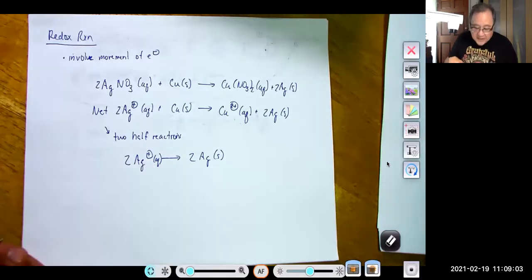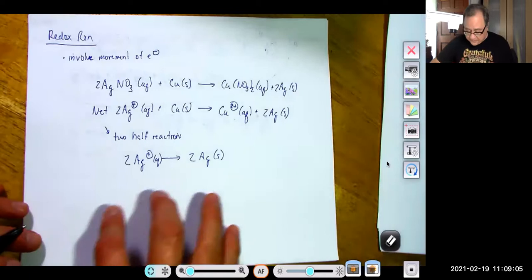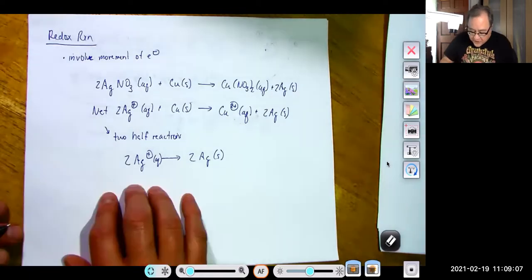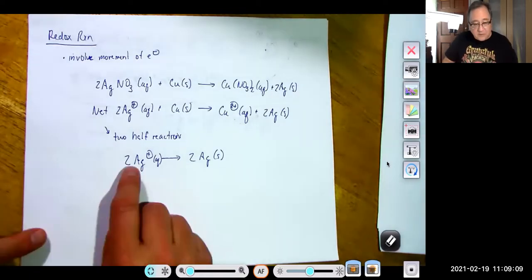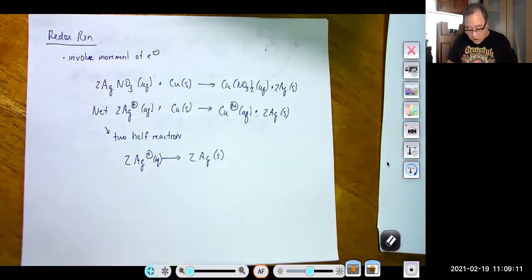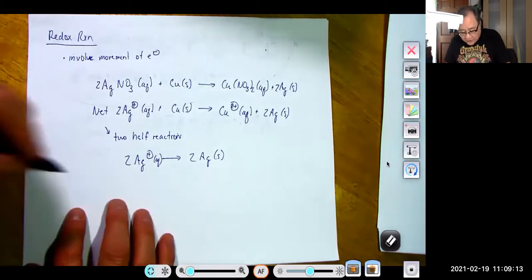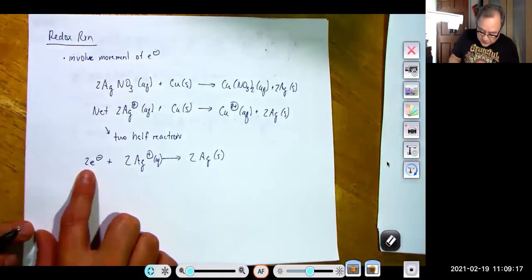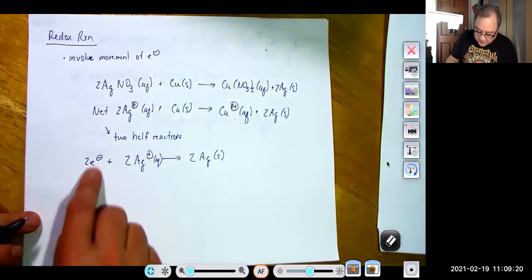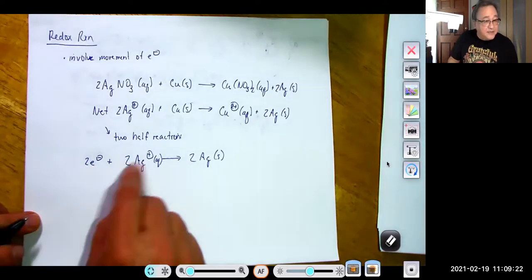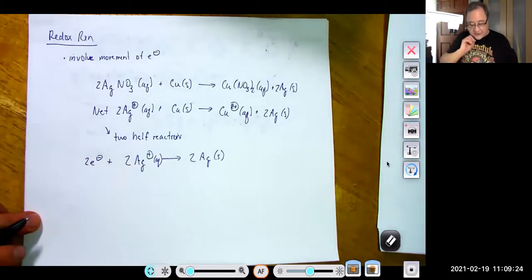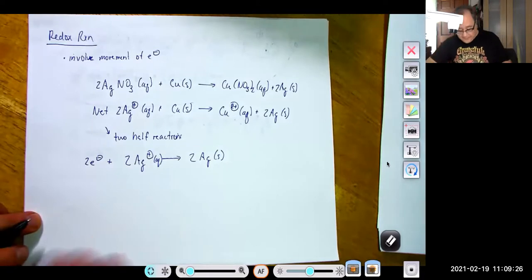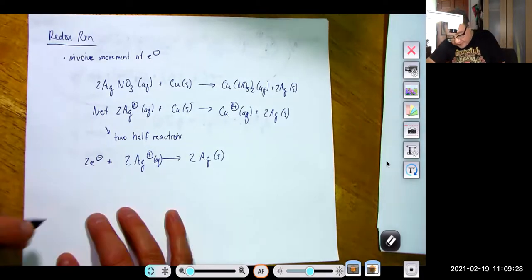So we need to add electrons to this to make it work out. So are we going to add electrons to the left or to the right? Well, electrons have a negative charge, so I'm going to add 2 electrons to the right. So this will be a -2 charge. This is a +2 charge. Add them together and you get 0. So this is actually 1/2 reaction. Let's look at the other half reaction.